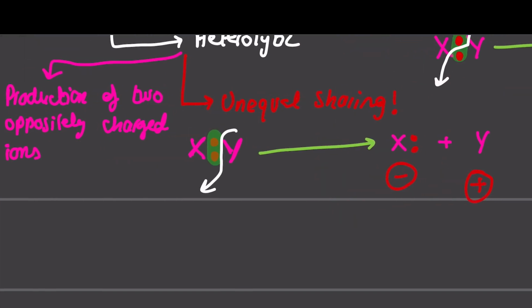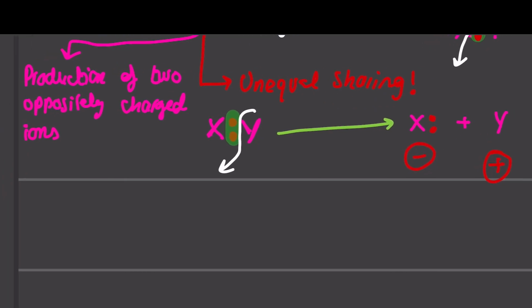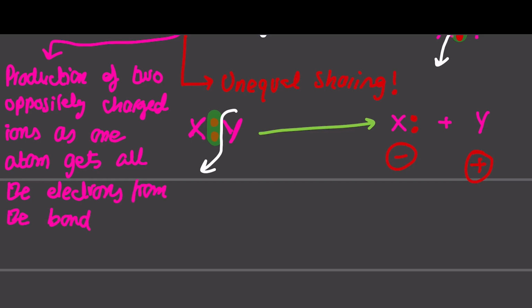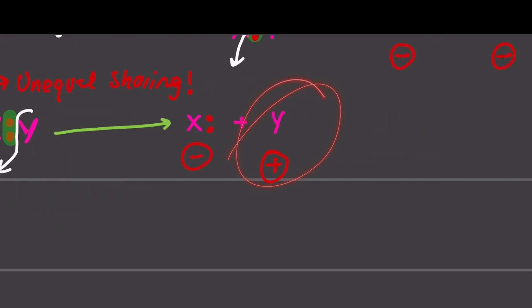But that's not that relevant over here. And production of two oppositely charged ions as one atom gets all the electrons from the bond, and the second one obviously does not get anything. Over here you can see this poor guy, he did not get anything.